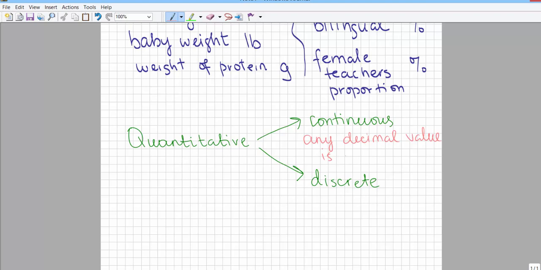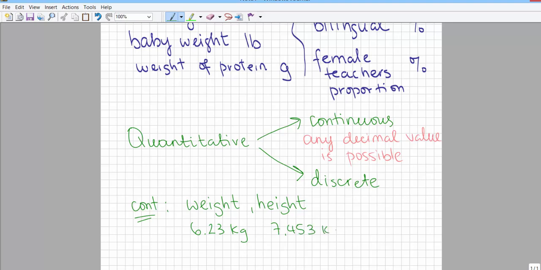Okay, so what is one example of continuous data? Weight, height. Why is that? Whenever you have weight, you could have 6.23, let's say, kilograms, or 7.453, or 100.24 kilograms.